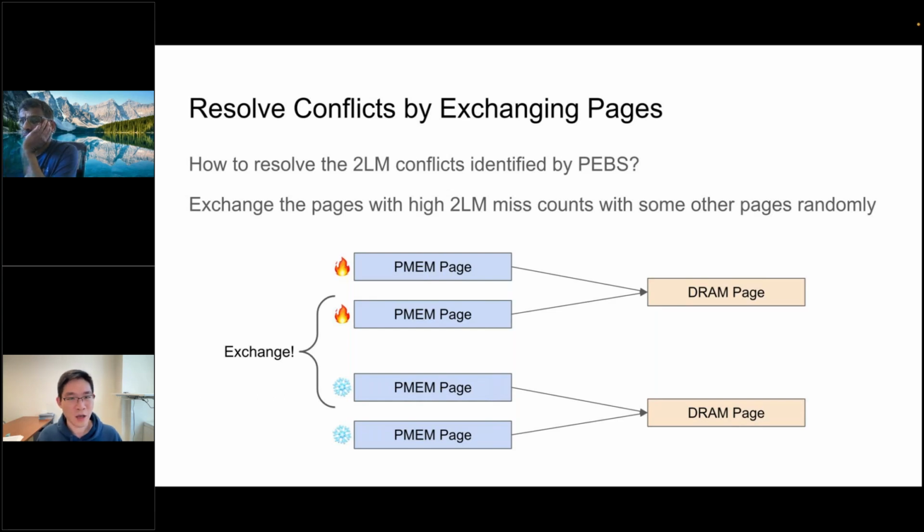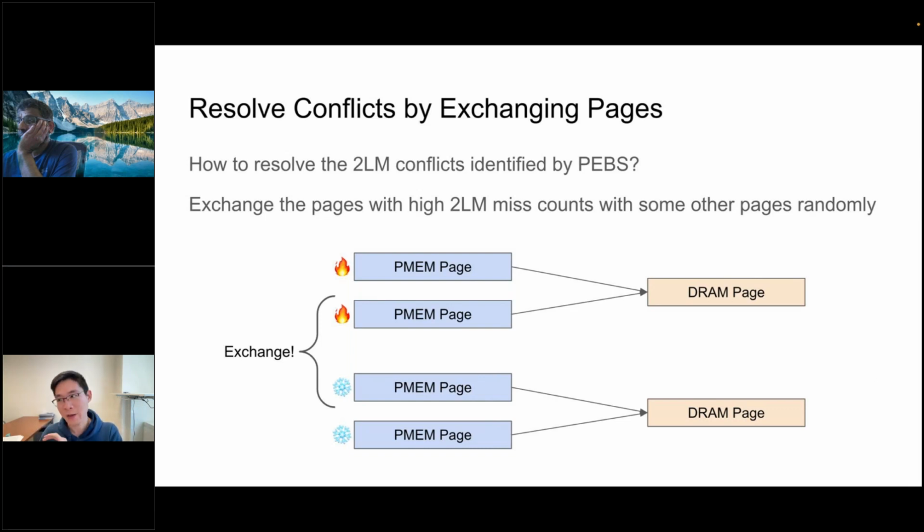So we have a pair of popular PMM pages that are conflicting with each other. And if at the same time we have another pair of cold PMM pages that do not generate a lot of conflict, what we can do is exchange one page from each pair so that the popular pages won't be mapped to the same DRAM pages.